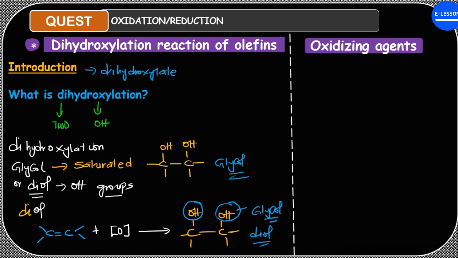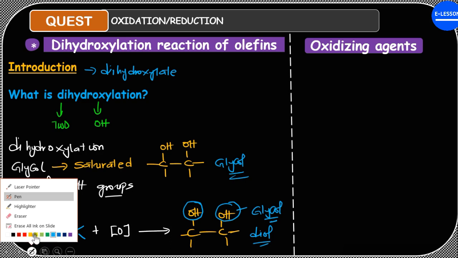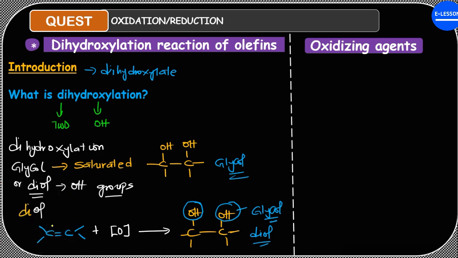Now when you want to dihydroxylate alkenes, what oxidizing reagent do you think is used for the dihydroxylation of alkene? Now 2 reagents are particularly useful for the dihydroxylation reaction, but we are going to make them 3. There's a third kind of reagent, but that is not used in most cases.